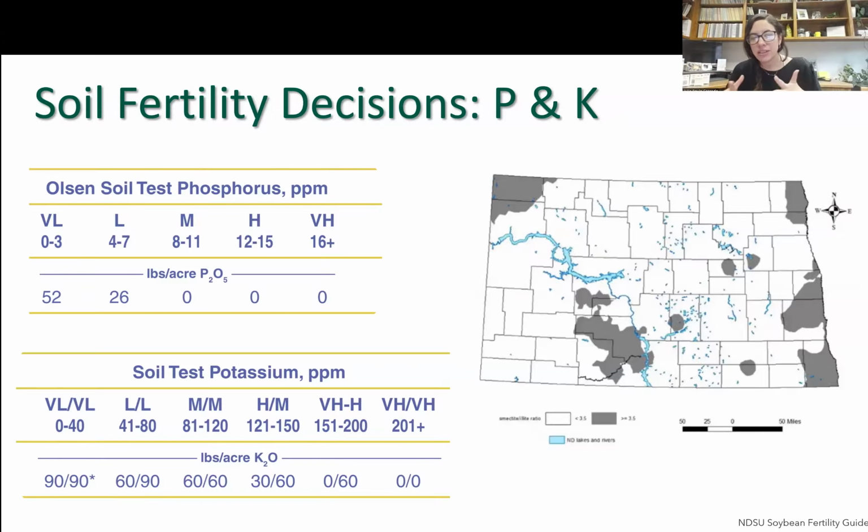For the higher threshold, if you have 200 ppm of potassium, you're good to go; below that you should start considering fertilizing. If you are in the other area, you have to start considering fertilizing when you are at 150.